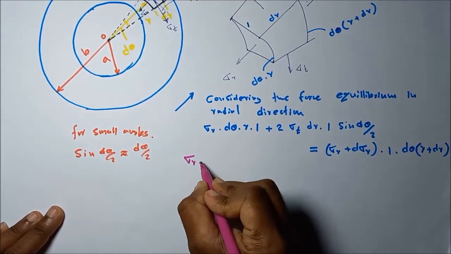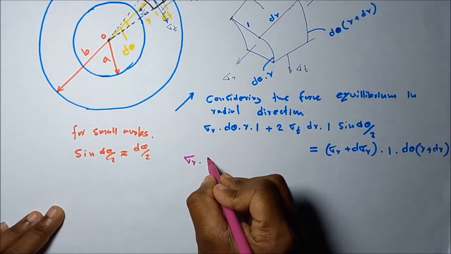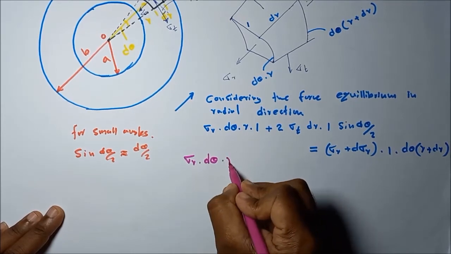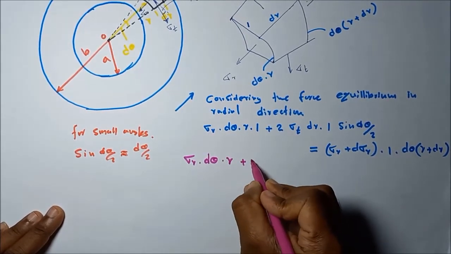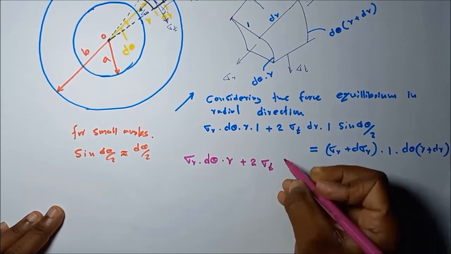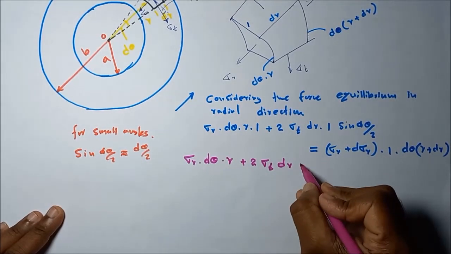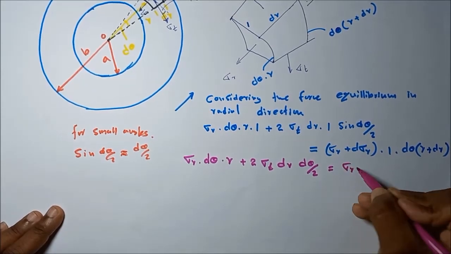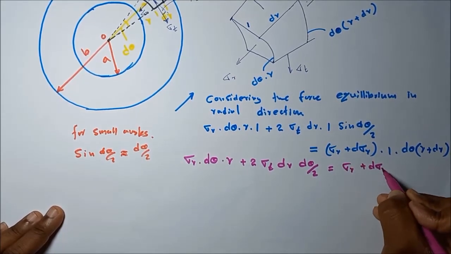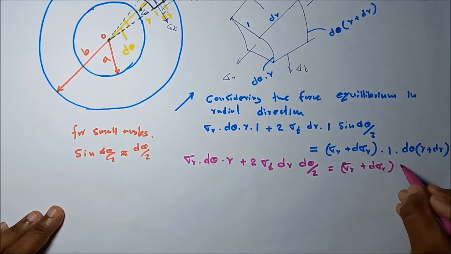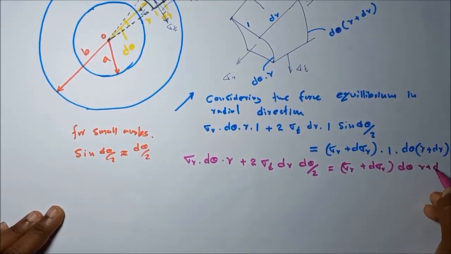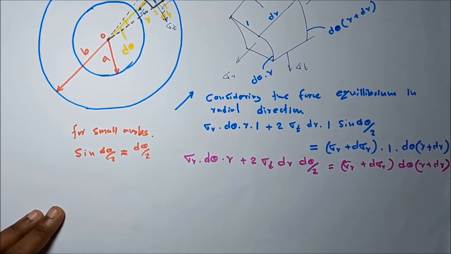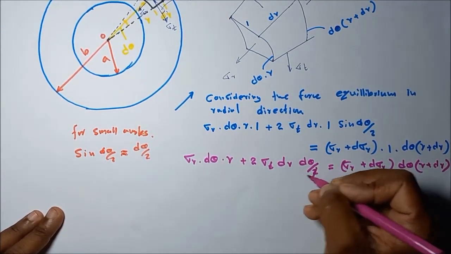Sigma r into d theta into r plus 2 sigma t dr d theta divided by 2 is equal to sigma r plus d sigma r into d theta into r plus dr. Then we can cut this one.